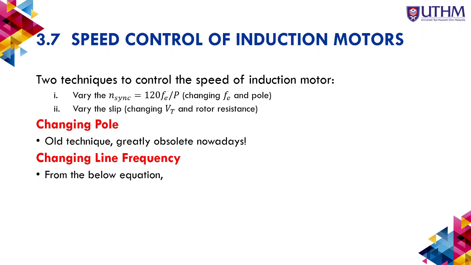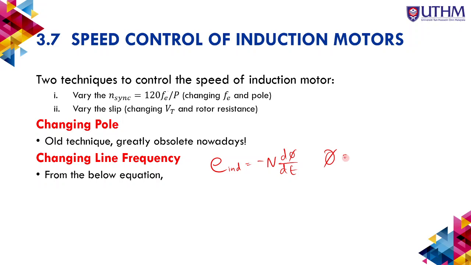Okay, then changing the line frequency. From Faraday's law, we know that the induced voltage is equal to N d flux over dt. So now we want to find the flux.